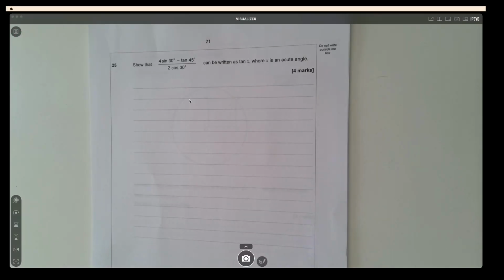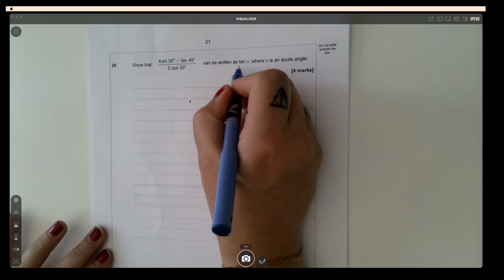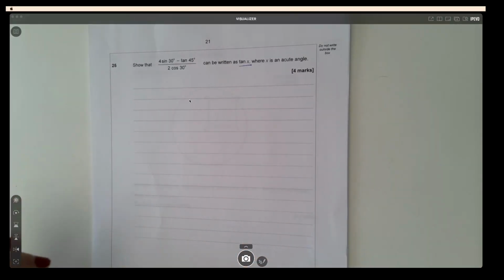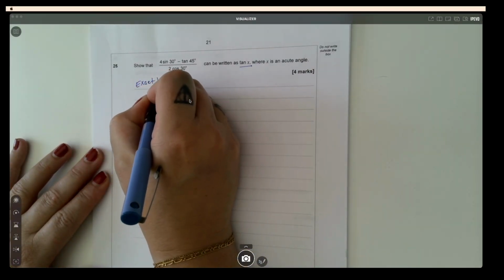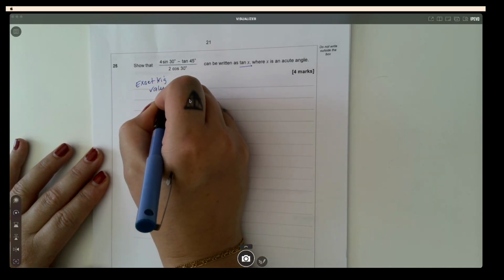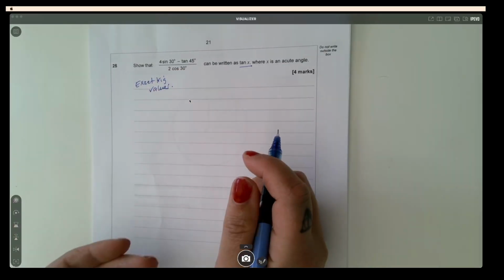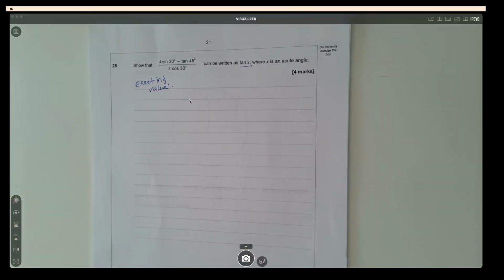Question 25. Show that 4 times sin 30 subtract tan 45, divided by 2 cos 30, can be written as tan x, where x is an acute angle. So we need to use our exact trig values here. How you generate these is up to you, whether you use the table, whether you use the hand method, whether you just remember them.